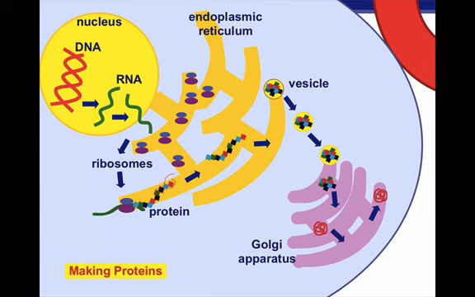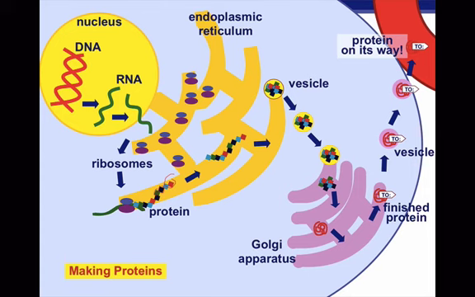Now, as it leaves the Golgi apparatus, it's going to come out in a vesicle, and it's going to be tagged. Usually it's a little carbohydrate tag, like a little name tag or a little to and from tag that says where it needs to go. And either it's going to leave the cell or it's going to be used within the cell. And there it goes.